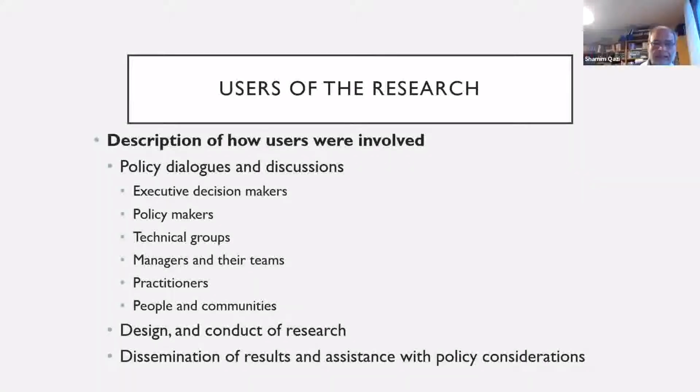Most of the research projects involve users when the dissemination of the results comes in. But here, dissemination of the results doesn't really mean that only when the study is finished will the results be disseminated, although that is also something which is needed. Here, you continuously talk and communicate with the people who are actually implementing the intervention.